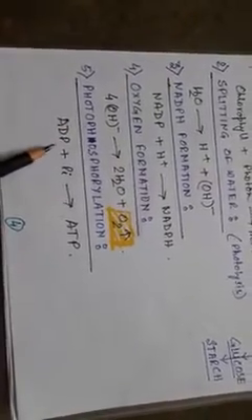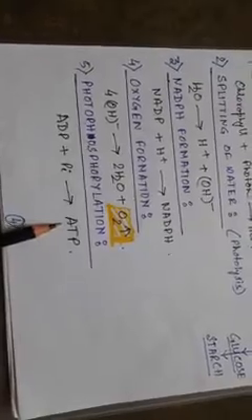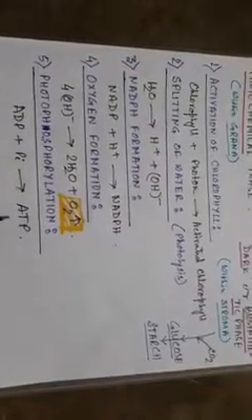In the presence of light, when ADP, or adenosine diphosphate, combines with inorganic phosphate and produces adenosine triphosphate, or ATP, this process is called photophosphorylation. I am showing you all the sub-phases again. Copy it down within the page.